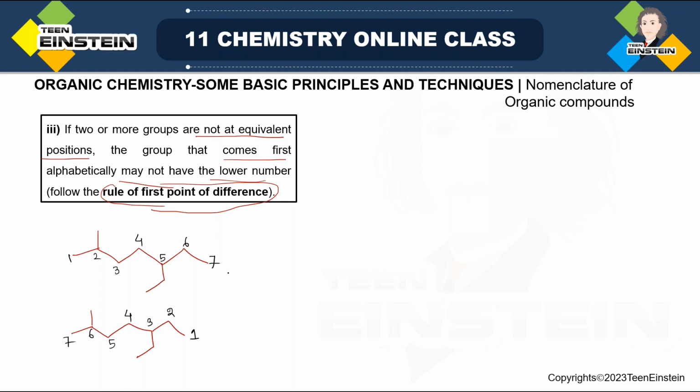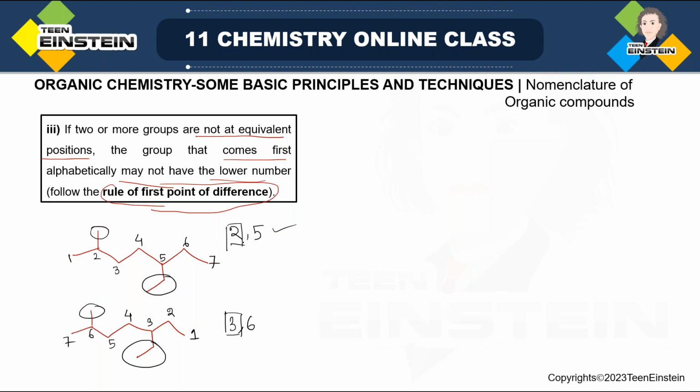So in the first case, I am getting substituents at position 2 first, and then the second substituent at position 5. Now when I have followed the second numbering, the first I am getting at position 3, and the second substituent I am getting at position 6. So here they are not present at equivalent positions, and we are getting the first term based on the rule of first point of difference. 2 and 3 are not the same, and you have to give preference to 2, 5 because 2 is lesser than 3. So this one will be correct.